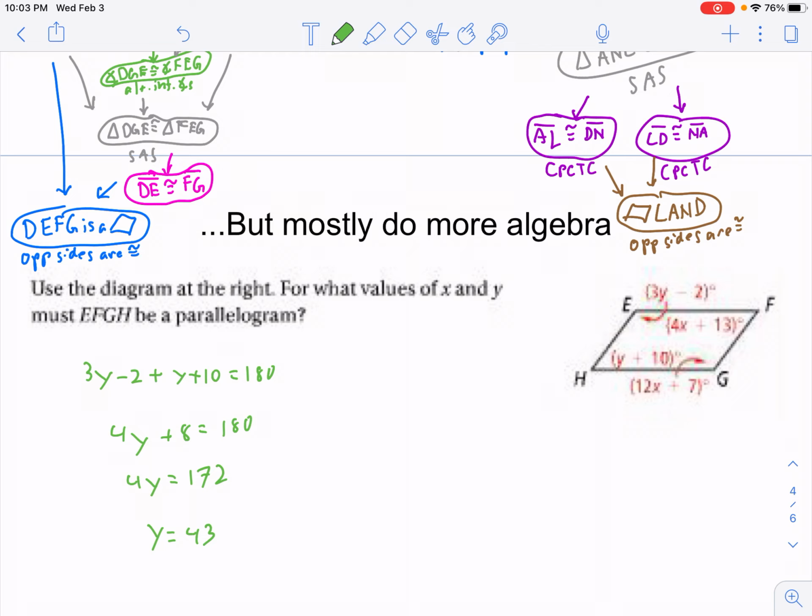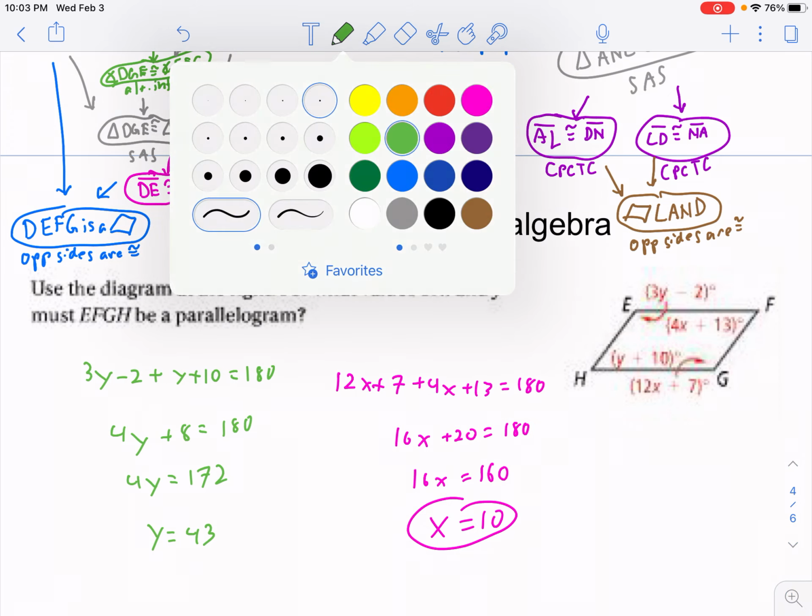Yeah, that's 43. And then there's several ways we could find x, but I'm just going to do it the same way. Huh. Guess I should have solved for x first. That was much easier.